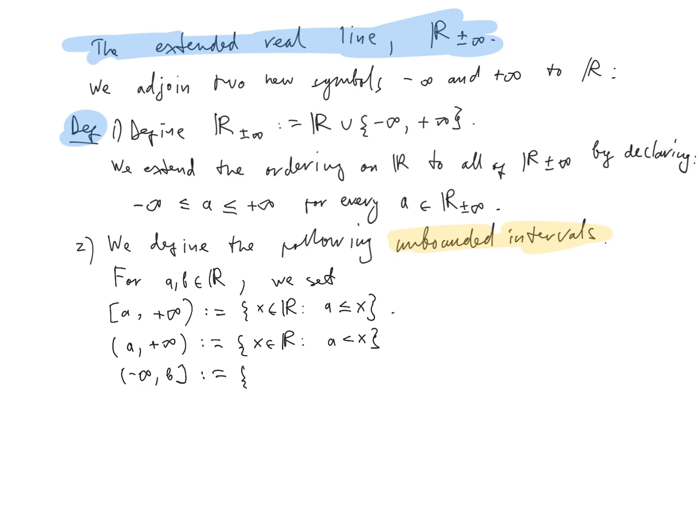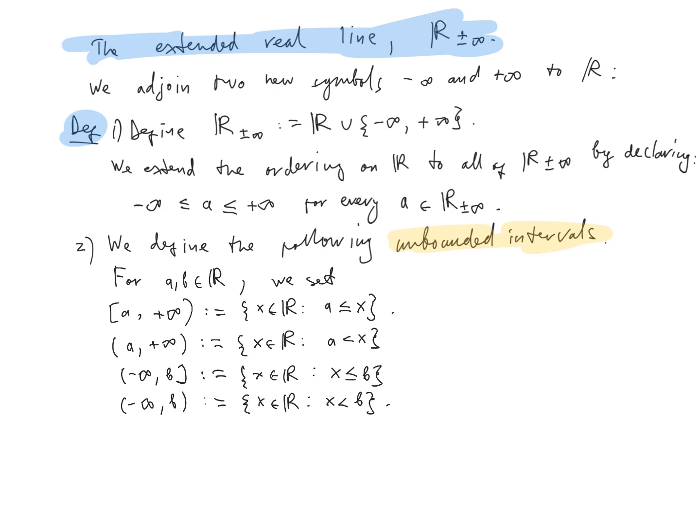So this means that this is the collection of all real numbers x, such that x is less or equal than B. And finally, we define the two-sided open interval minus infinity B, which by definition consists of all real numbers x, such that x is strictly less than B.